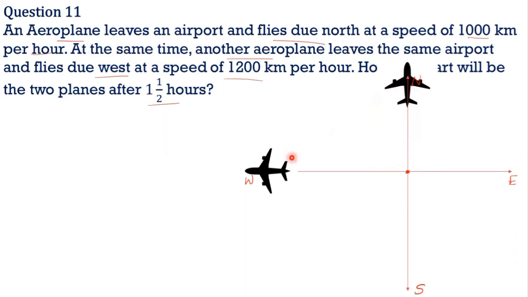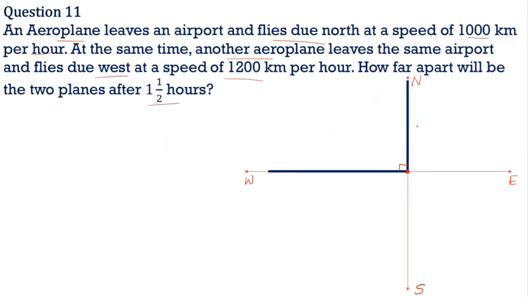See here, it makes a right triangle. One flies to north with the speed of 1000 km per hour and one flies west with speed 1200 km per hour.